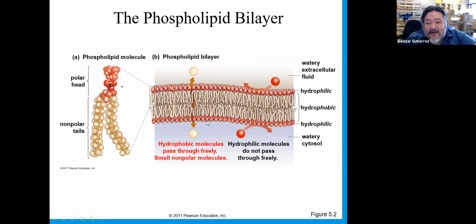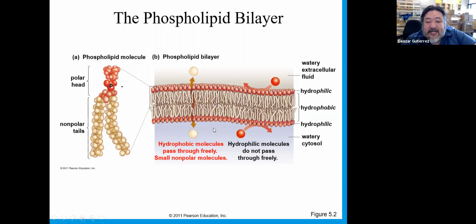Very, very frequently, these things just go back and forth because that polar head is not big enough to prevent it from going through the hydrophobic environment on the inside. So these things are just popping back and forth all the time, spinning in place, vibrating and moving all over the place.